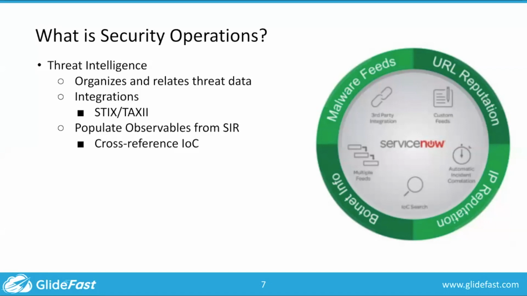But using the out-of-the-box threat intelligence that ServiceNow provides, you can do STIX/TAXII integrations, which are basically XML web services that allow you to pull data in. The threat platform I've worked with is ThreatConnect, and it publishes a STIX/TAXII feed that you can connect to ServiceNow and feed your threat data in.